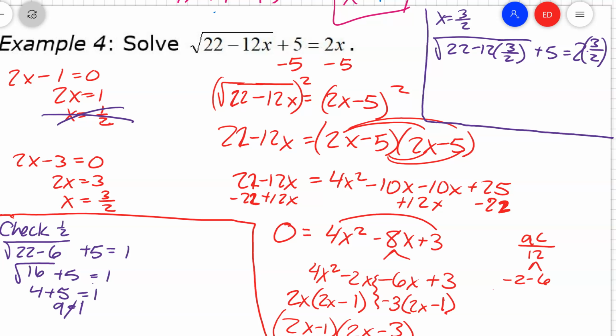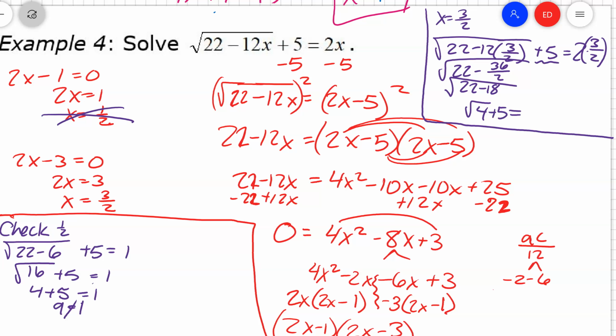So 12 times 3 is going to give you 36. That's going to end up being 22 minus 36 divided by 2, which is just 18. 22 minus 18 gives us 4, so the square root of 4 on one side, plus 5.